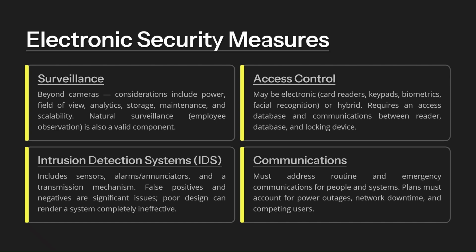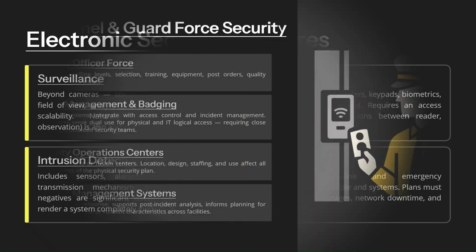Intrusion detection systems, or IDS, provide real-time alerts when unauthorized access is attempted. Finally, communication systems ensure coordination between personnel and enable quick response during incidents. Together, these technologies enhance the speed, accuracy, and effectiveness of security operations.